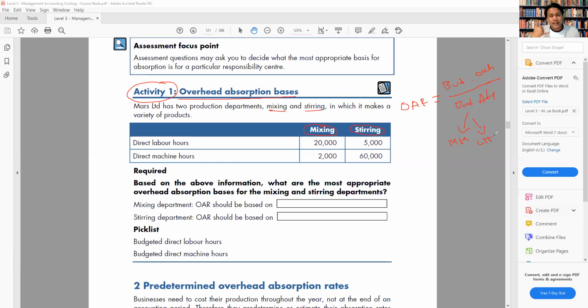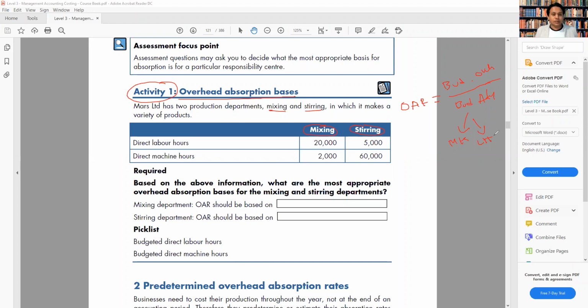Everyone needs to pick up the phone, they have to give the information. So customer service mainly depends on the labor hour. But let's talk about a printing business with photocopy machines. Let's say 10, 20, 50 machines run by only two people. So this business depends on the machine, not on the people, because only two people run 20 machines. So if the business depends on the machine hour, we have to pick the machine hour. If the business depends on the labor hour, we have to pick the labor hour.